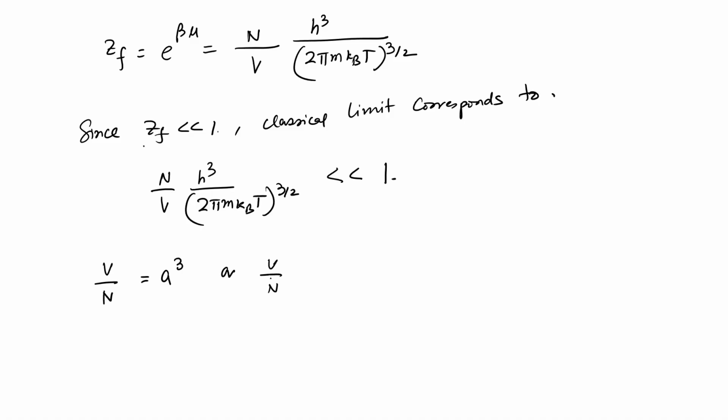If you think of them as hard spheres, then of course there is a 4/3 pi factor there, but we do not really worry about that. So, this is of the order of a cube, or V over n whole to the power 1/3 is like a. So, a is nothing but the interatomic or intermolecular distance.